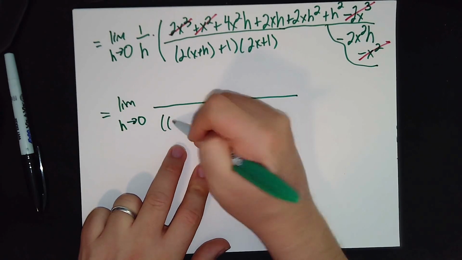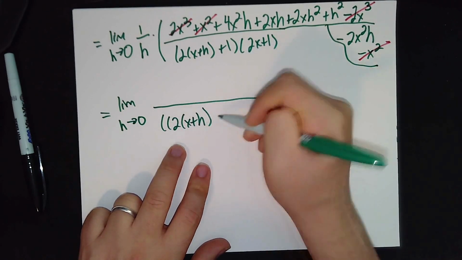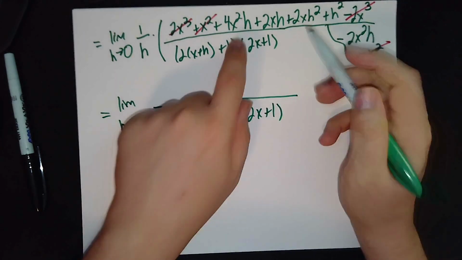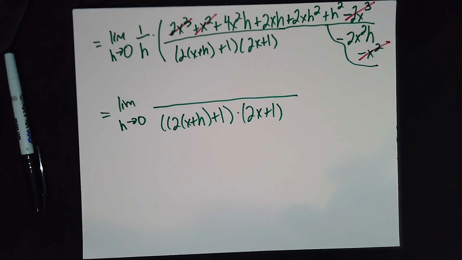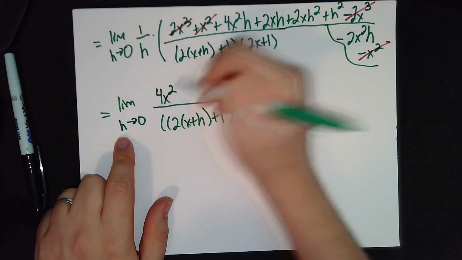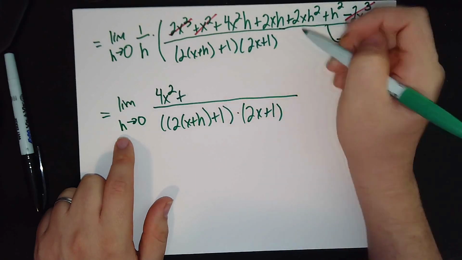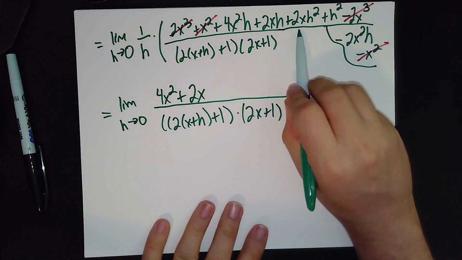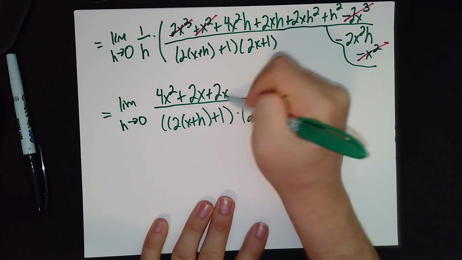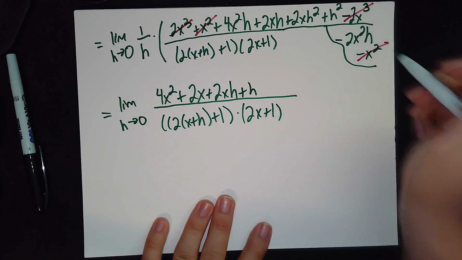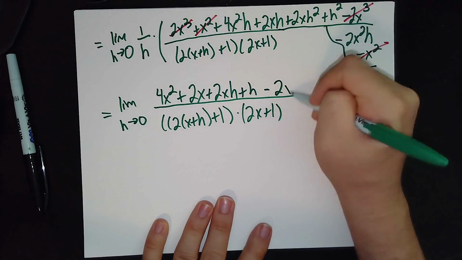I'm going to have the 2 times x plus h plus 1 times 2x plus 1 down here. And in the numerator, I'm dividing everything by h as I write it. So when I divide this by h, I get 4x squared, plus 2x, plus 2xh, plus h, and minus 2x squared.